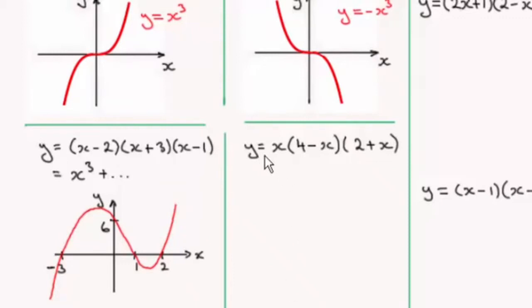Now when it comes on to this next graph, y equals x times 4 minus x times 2 plus x, then again I'll be looking to expand this out, looking at the x cubed term. We're going to have x times minus x, that's going to be minus x squared, times a positive x, so it's going to be minus an x cubed.